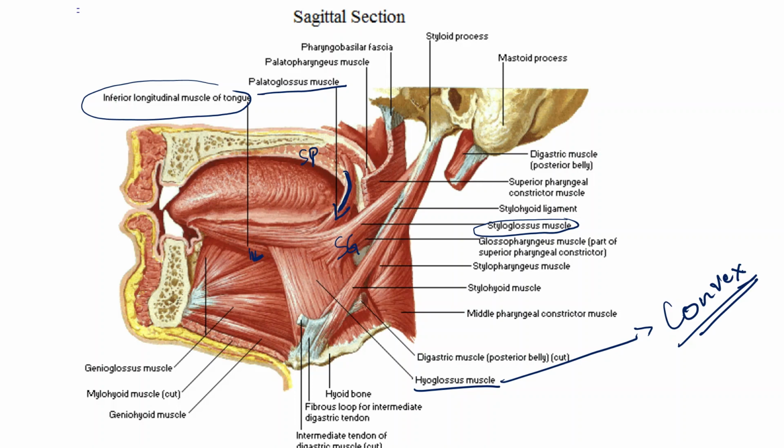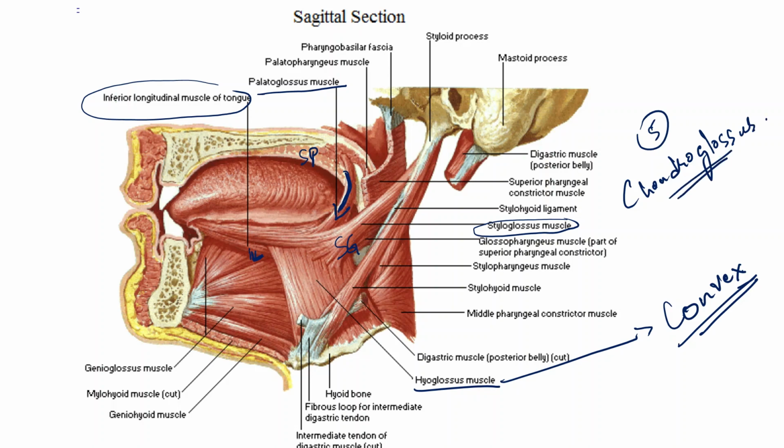The last muscle left out is the chondroglossus. So the fifth muscle of the tongue is called the chondroglossus. This chondroglossus muscle is said to be part of the hyoglossus muscle itself.